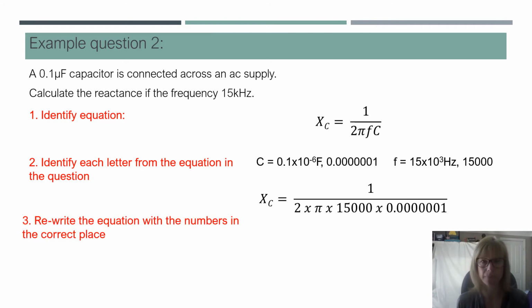Okay, so we rewrite our equation with all of the numbers in the correct places. 2 times pi times our frequency times our capacitance, and that gives us 106 ohms of reactance. Okay, capacitive reactance, that's how much that capacitor resists the flow in an AC circuit.